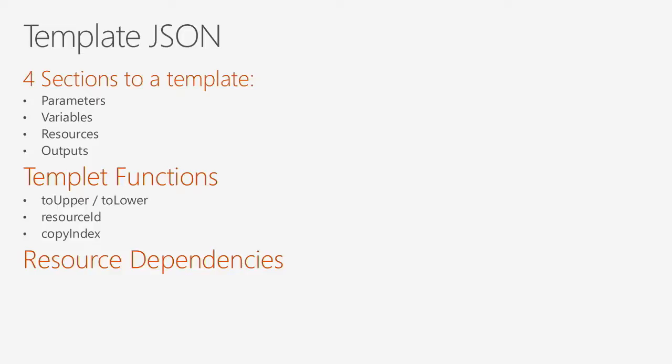Well, if I'm consuming the name through a parameter and a user enters an uppercase letter, my deployment's going to fail unless I capture that and modify it. So a very simple example of a function would be toLower, where I can take the input and make it all lowercase before we go on through the deployment. That's a pretty easy one. There are some complex ones, and the one that we're going to look at mostly today is called copyIndex, and we'll talk about that when we get to it.